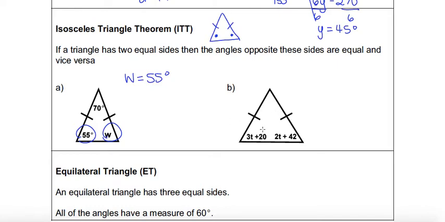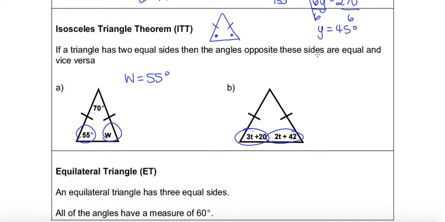For part B, I know that 3t plus 20 and 2t plus 42 have to be exactly the same. So now this becomes an equation where I have variables on both sides of my equal sign. So this is, again, where all of those skills that you learned when we looked at solving algebra are going to play a role in solving angles.